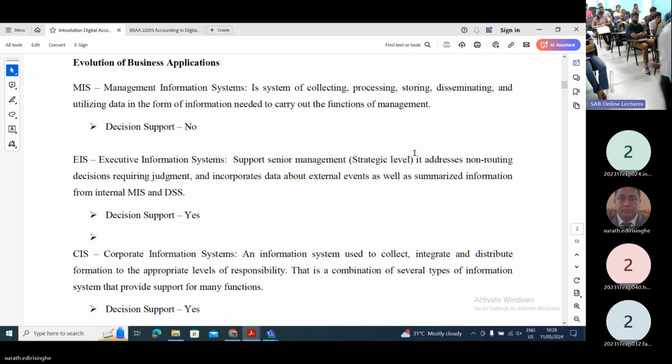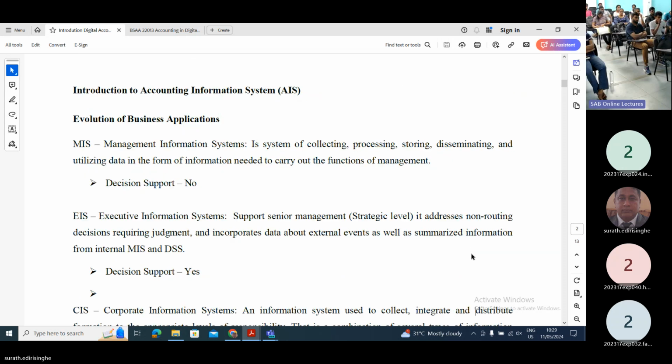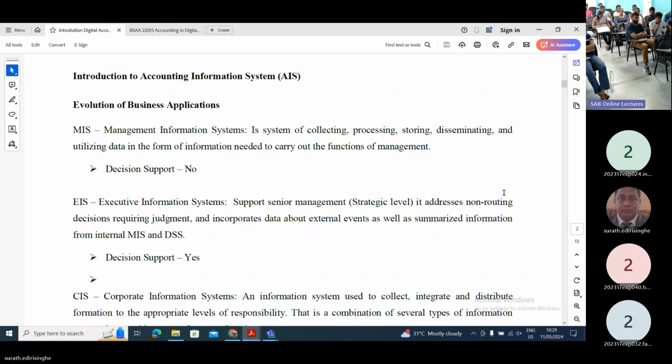Simply, you have to keep in your mind, there are three kinds of business application system available. What I'm trying to explain is developing an accounting information system. Under accounting information system, three business application systems are included in the enterprise resource plan.